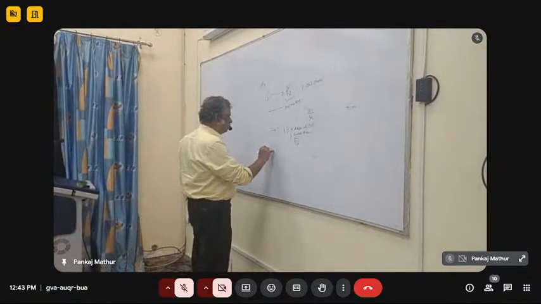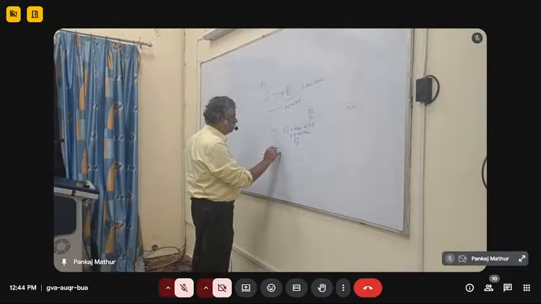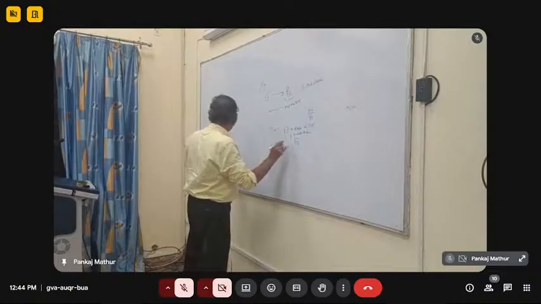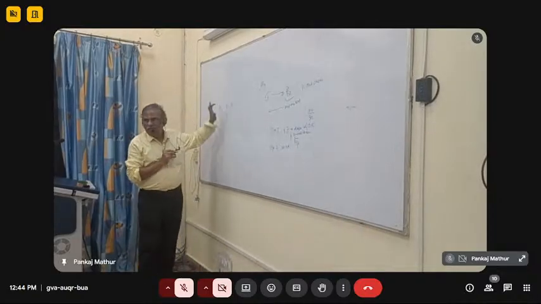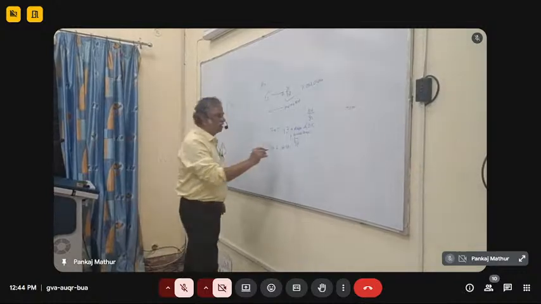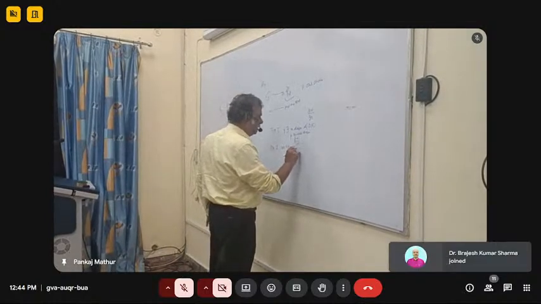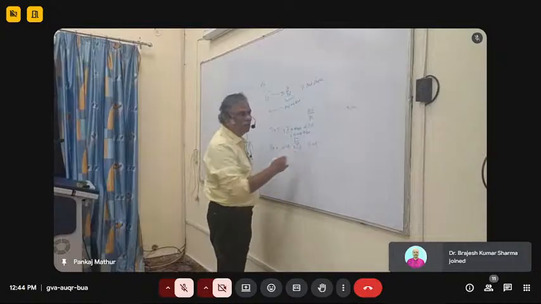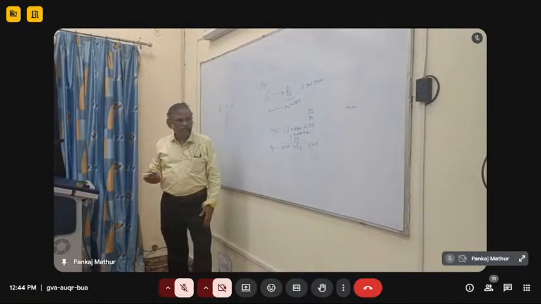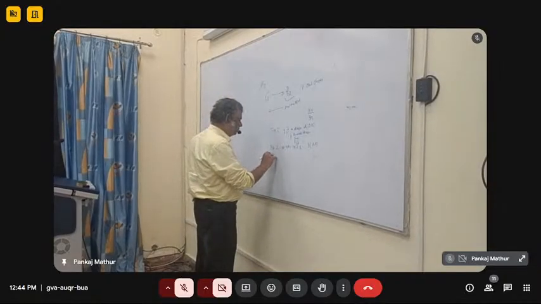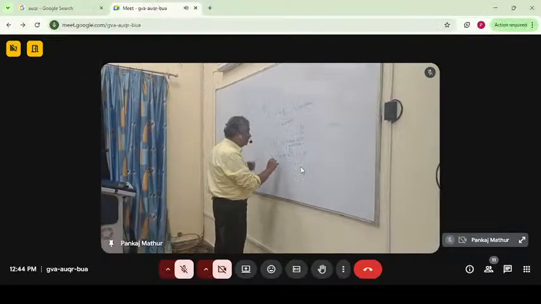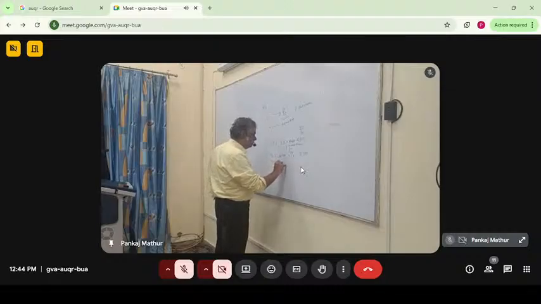Now let's create the type 2 group, which is not type 1. If it's not type 1, then this doesn't work. Therefore, I should choose this. Therefore, choose n equal to 3. This is provided 3 divides the order of the group. If 3 does not divide the order of the group, then that's type 3, where you should now choose that n which will maximize (n minus 1) by 3n.